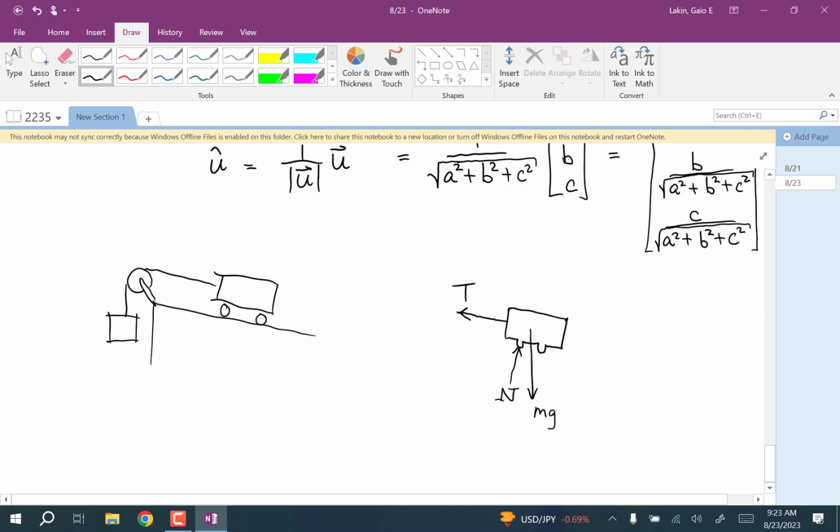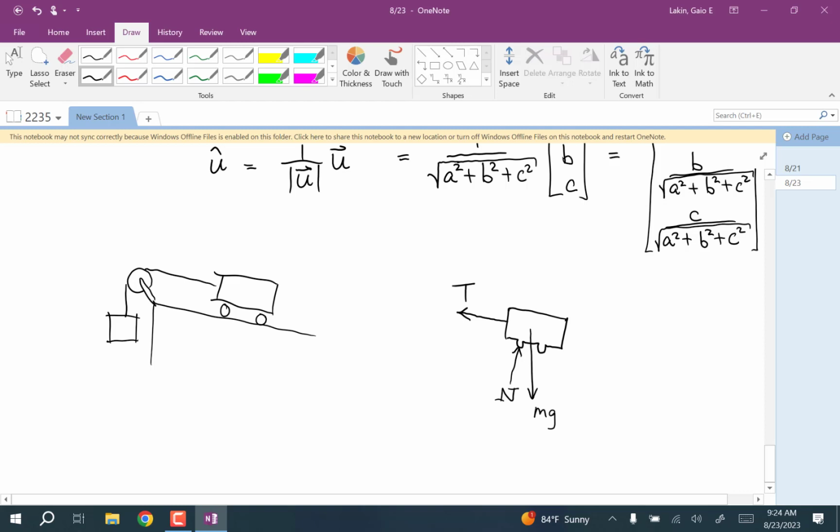The answer is we're going to use the coordinates of where the pulley is, the coordinates of where this is, to come up with, usually coming up with a vector that's in the direction of this cable force is not that hard. You can use other coordinates to come up with that, and I guess I'll talk about that in a second, but the problem is that the vector you come up with doesn't have the length T, right?